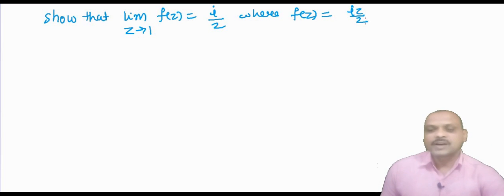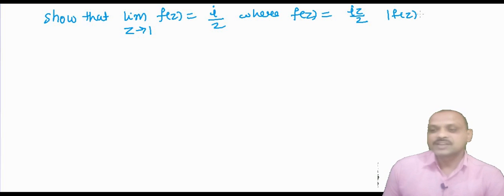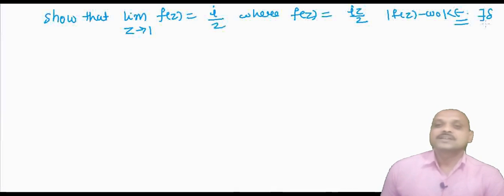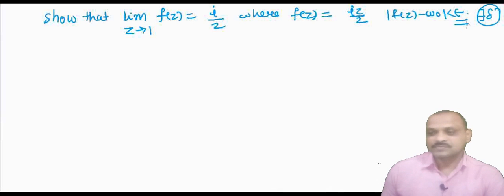Okay, so we have to show that this condition, mod of f of z minus w0 is less than epsilon, holds, and for this epsilon there exists a delta. So we have to find this value of delta. Whenever this delta exists depending on the epsilon, then we can say that the limit of f of z is equal to i divided by 2.